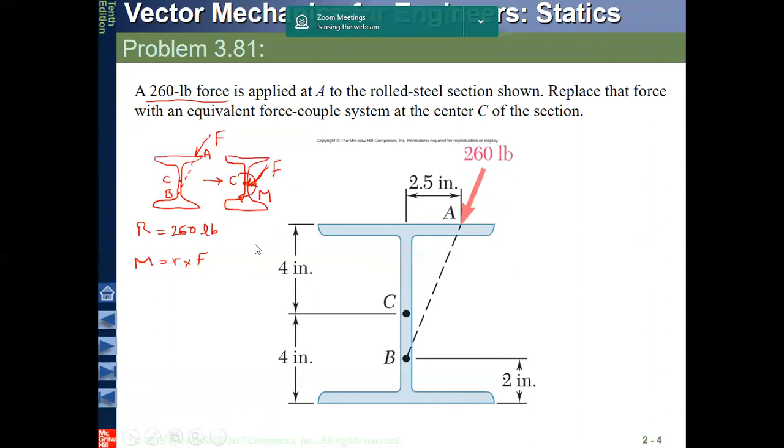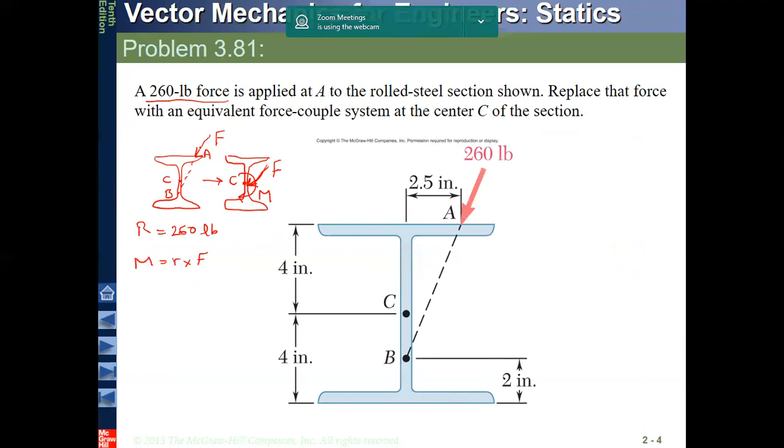I'm going to describe the solution, but for the next question, I'll give you some time to think about it. You have to remember the definition of the moment.